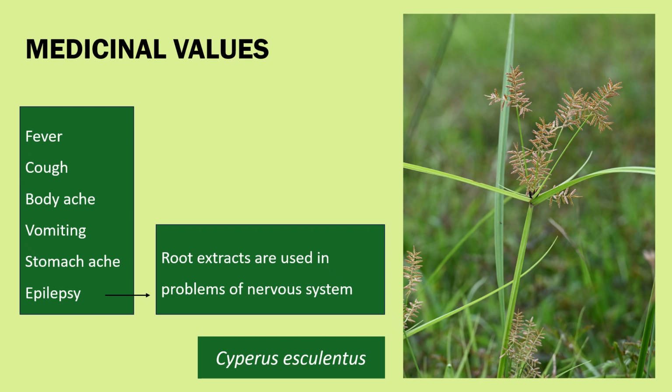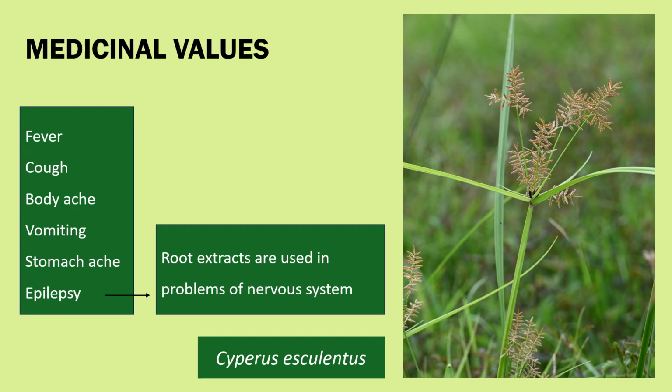First, we'll see the medicinal uses. There are different ailments. The root is being used for different problems like fever, cough, body ache, vomiting, stomach ache, epilepsy. So for all these problems, the plant is being used.